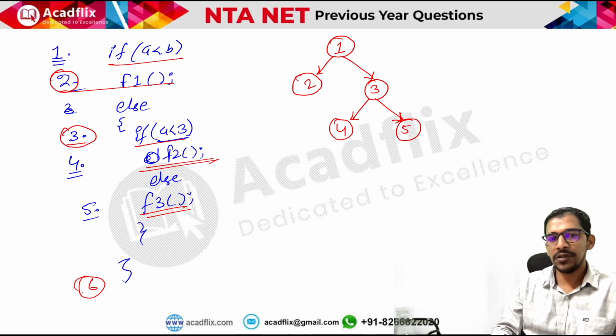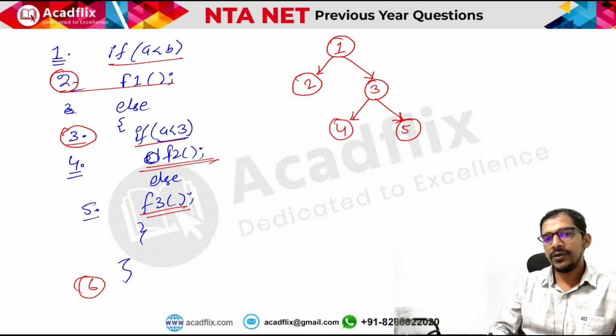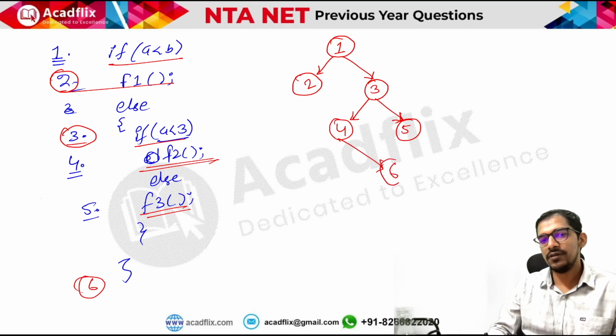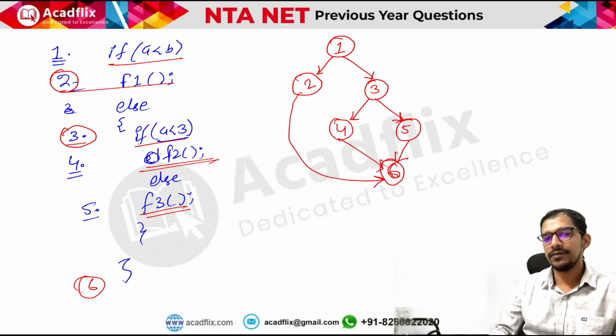If you do not need to go to the third statement, then you do not need to go to statements 4 and 5. It means the program may also be completed. So after 5, 6 is the node where the program completes, right? 6 is the node where the program is completing. So this is the end node.